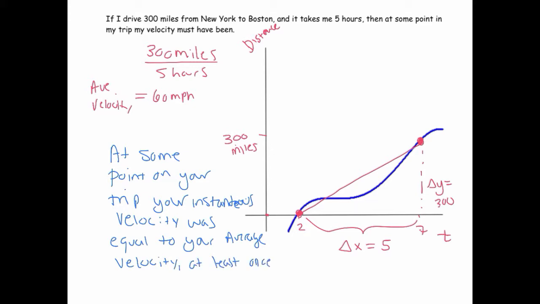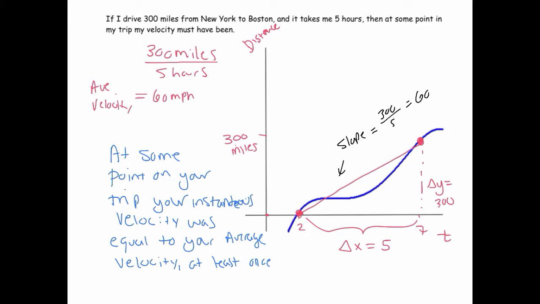It could have happened more times, but at least once it happened. The slope of this line here equals your 60 miles per hour. What we're basically saying is that there is some tangent line, since that's a secant line, that you can sketch on the interval 2 to 7 that is parallel to this secant line.